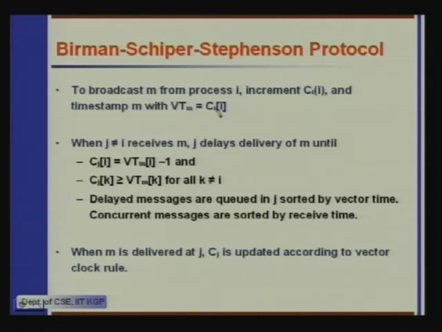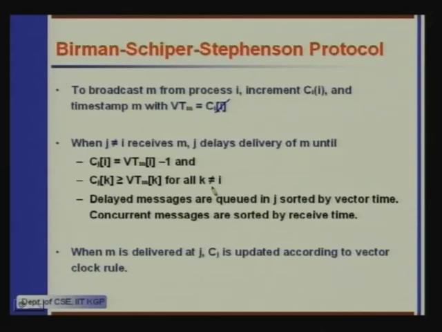The whole vector is used for the timestamp. Okay, just there is a mistake here. It should be Ci only. When j not equal to i receives M, j delays delivery of M until Cj[i] is equal to Vtm[i] minus 1 and Cj[k] is greater than or equal to Vtm[k] for all k not equal to i.